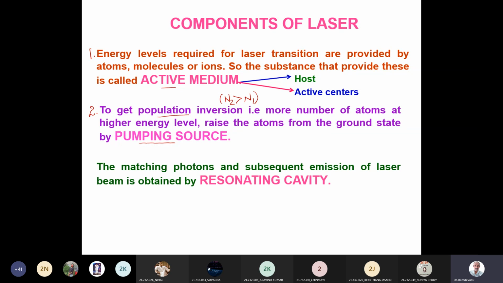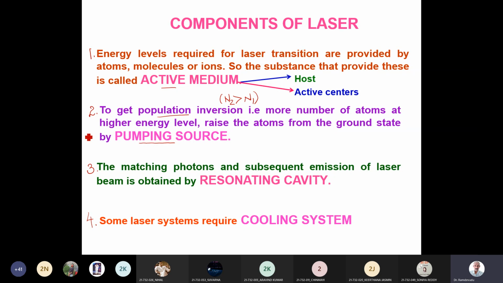And the third important component is called the resonating cavity. This is important. What is the resonating cavity? We have to see it. In some cases, we may also need a cooling system because the energy released during the transitions is large, and sometimes it is in the form of heat also.